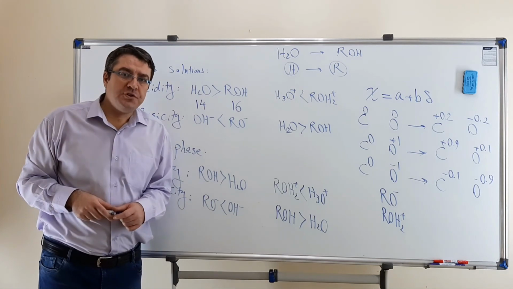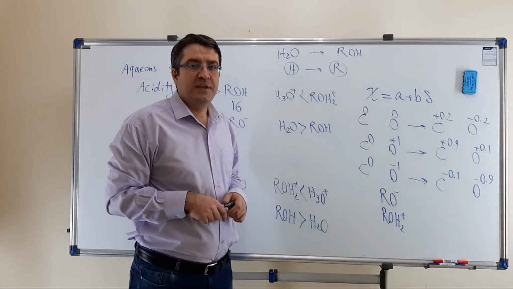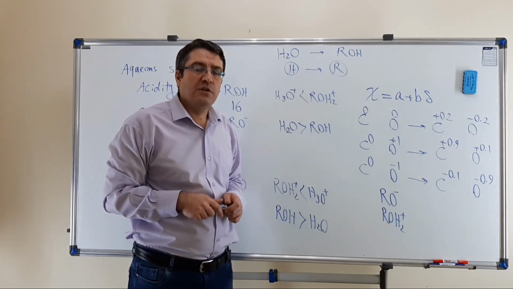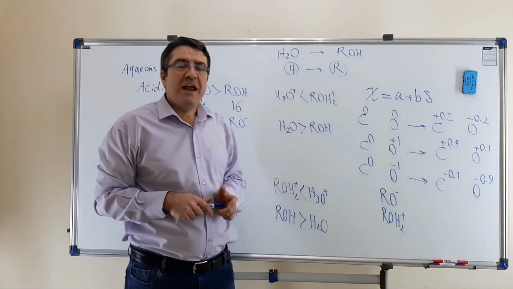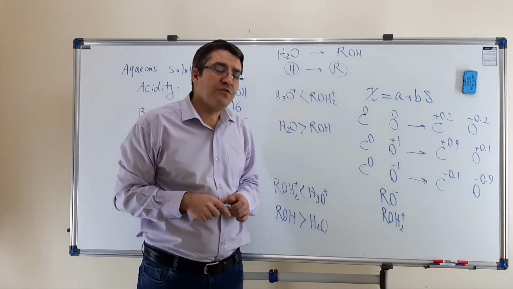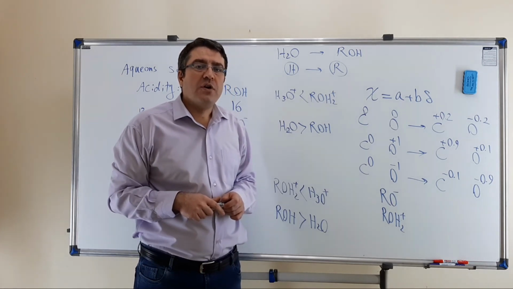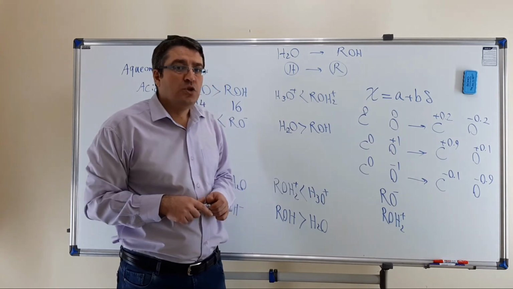Here it is also good to consider that as the size of alkyl groups increases, as alkyl groups become larger, they can spread or disperse negative or positive charge over a larger volume. Therefore, their electronegativity will be less sensitive to charge.